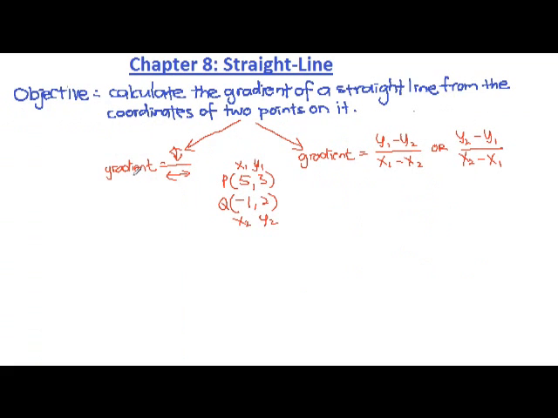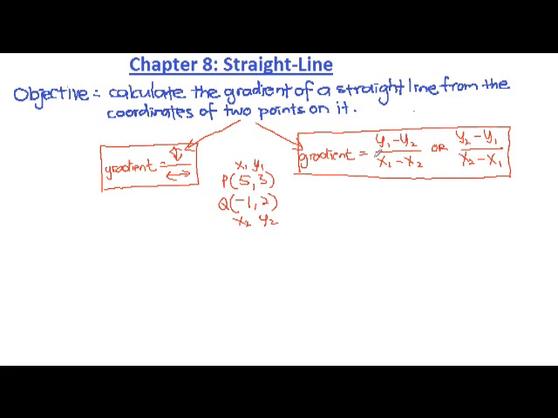From the previous video, we have learned that there are two equations to find the gradient. The first is given by rise over run, and the second is given by y1 minus y2 over x1 minus x2.